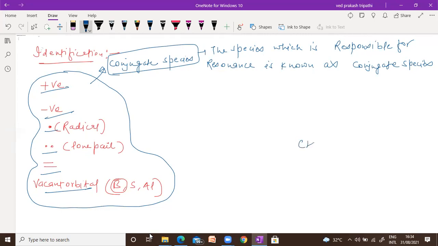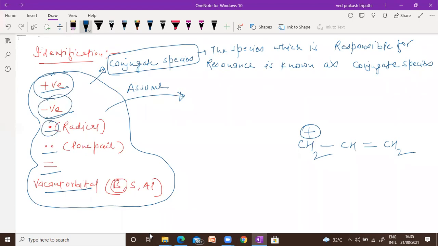Suppose you have a compound CH2+ CH double bond CH2. We have this compound and we have no idea about resonance in it. So how can you check resonance in this compound? First of all, you will have to assume every conjugate species, positive charge or negative charge or radical or lone pair or double bond or vacant orbital, as a double bond.